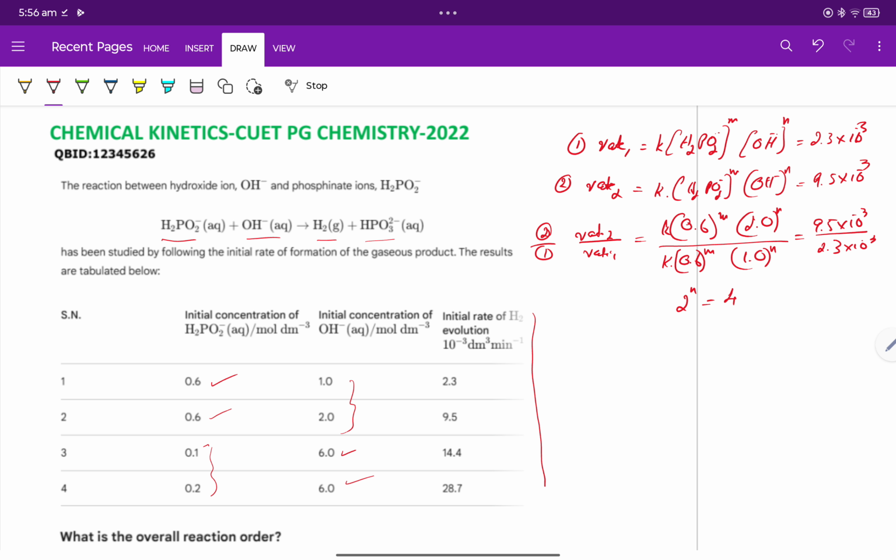So this is 4, so n is equal to 2. Similarly, you can write equations 3 and 4.